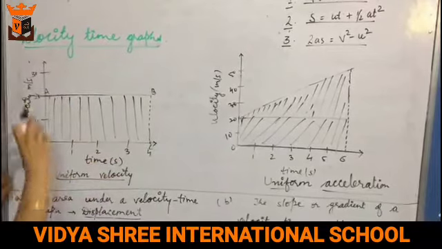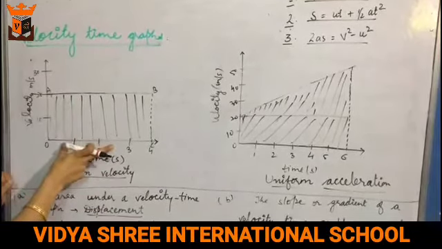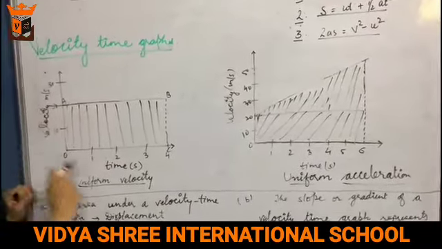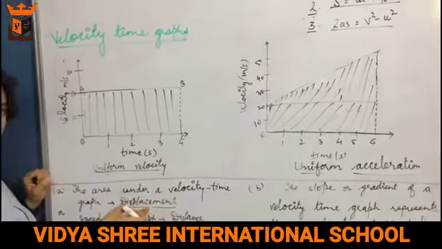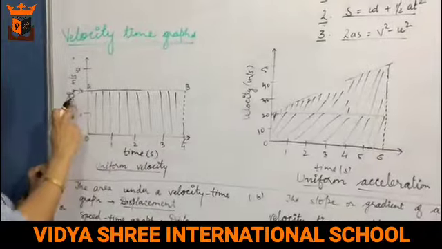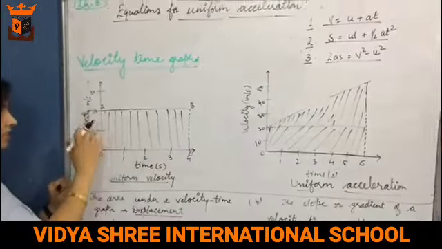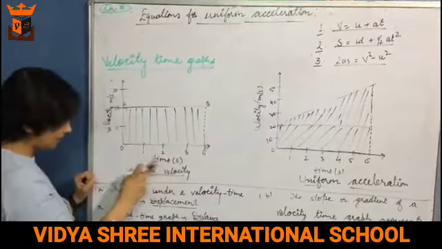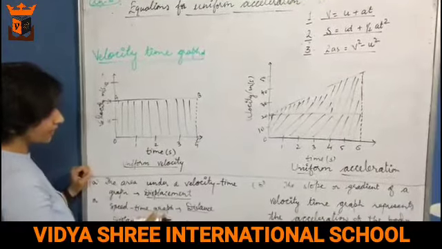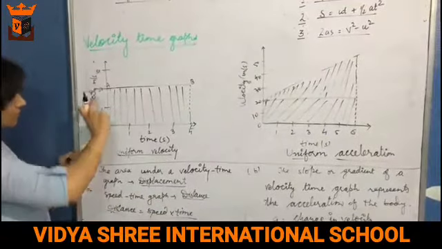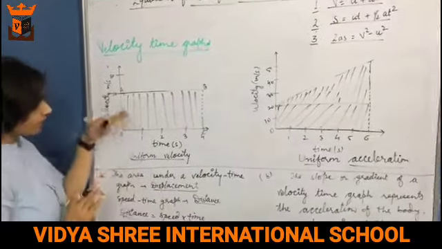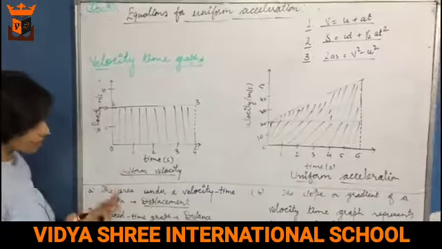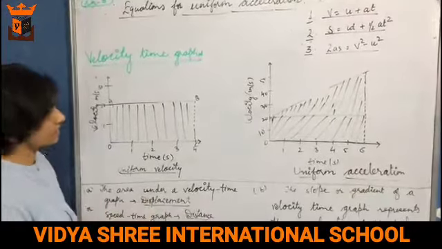Area of rectangle is breadth into length. Breadth is velocity, and length is time. So velocity into time is displacement. And if we take speed instead of velocity, then the area under the speed time graph is distance, because distance is speed into time. So the area under a velocity time graph or speed time graph is distance.